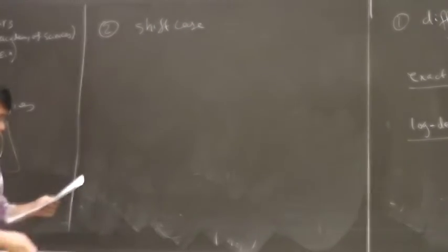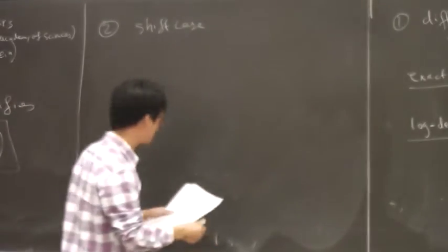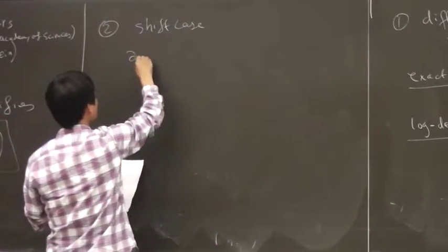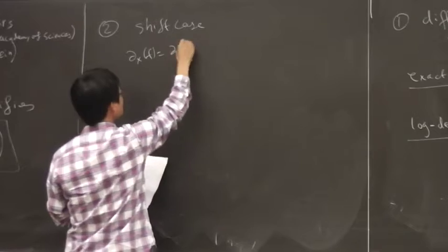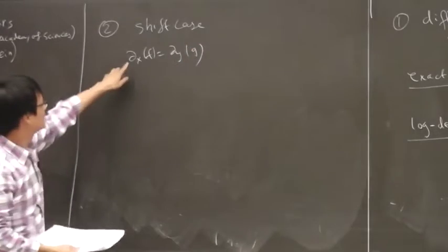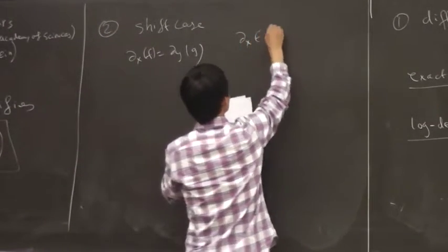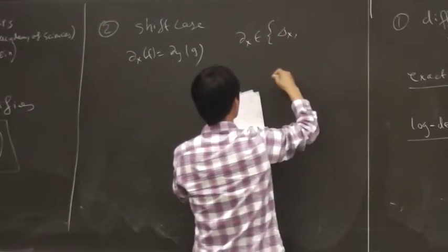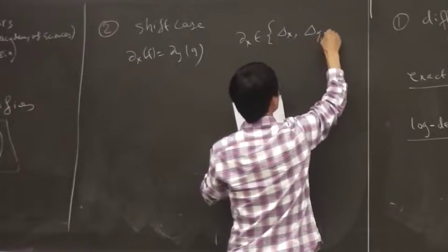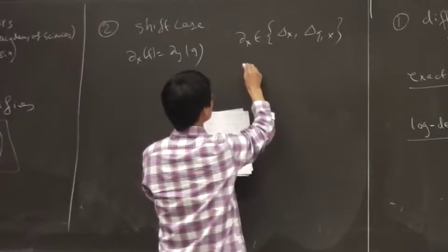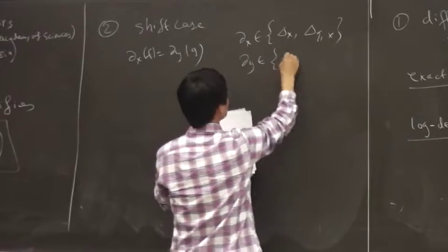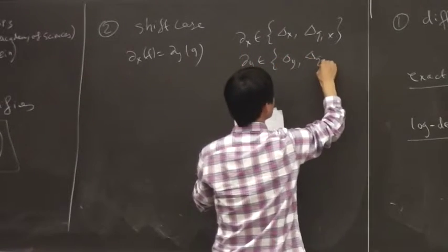So in the shift case, we will have different cases. Now this is the difference operator with respect to x, or shift, or Q shift. That means partial x can be a shift operator with respect to x, or a Q difference operator with respect to x, and partial y can be also the same.